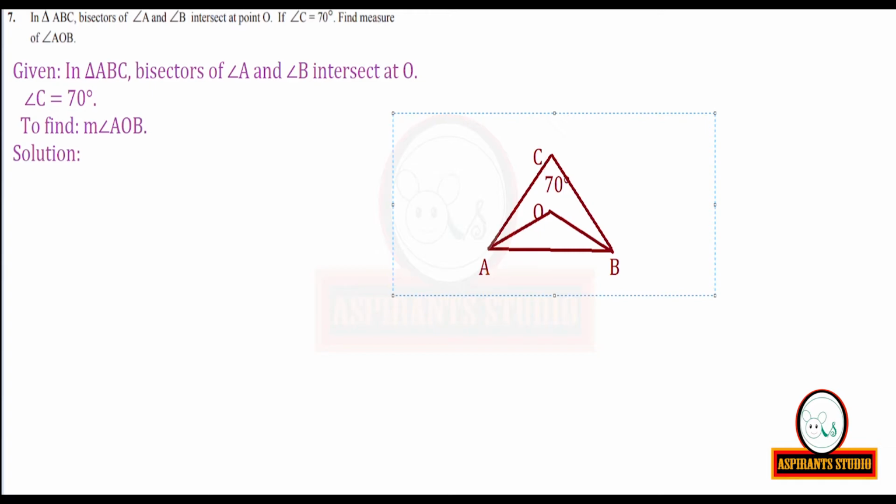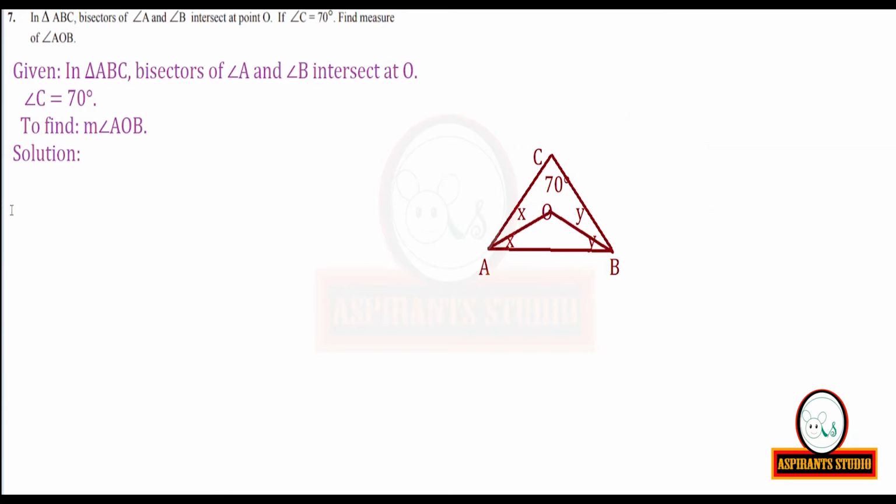Now since bisectors of angle A and angle B intersect at point O, you have to take angle CAO and angle OAB to have the same measure. Similarly, you have to take angle CBO and angle OBA to have the same measure. So, I am showing those measures also in the figure.